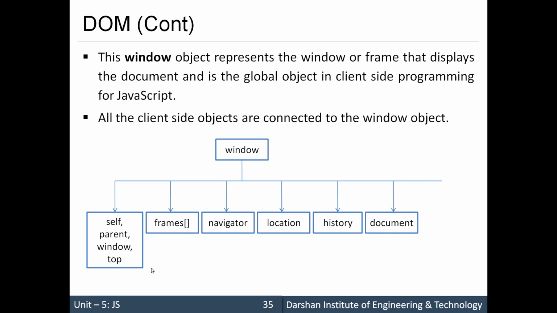The document, which we are going to see in detail in this session, and the screen object, which will provide the information about the screen, like the width and height of the screen, and something like that. So today we are going to focus only on document, which is inside window.